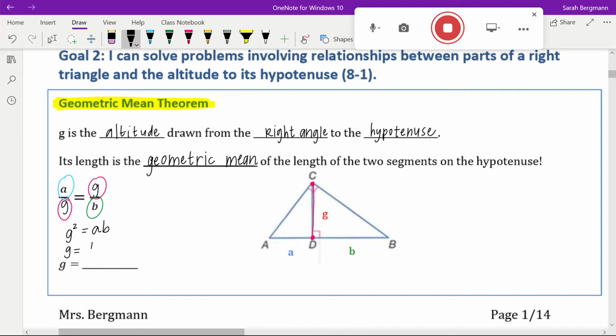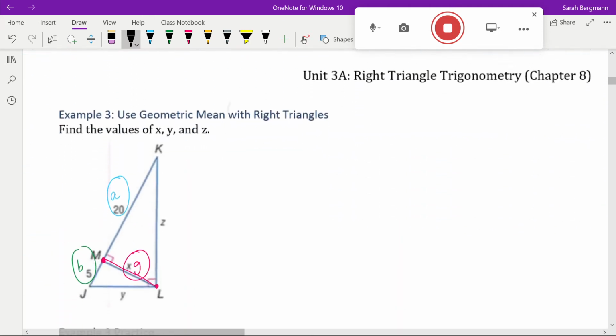In order to get G by itself, I know I must square root both sides. When I square root both sides, I need positive or negative. I know that this segment CD has to have a positive length. So the length of G, again, is still equal to the square root of A times B, the geometric mean of A and B. Let's try using this in a problem.